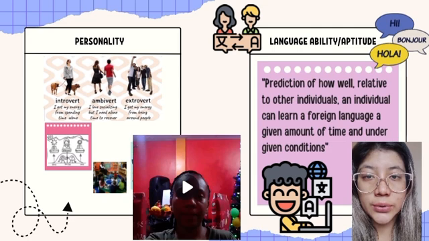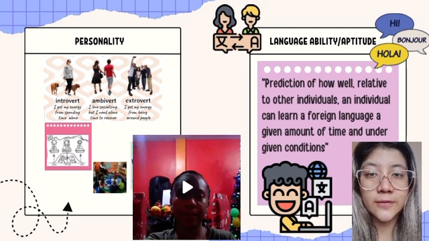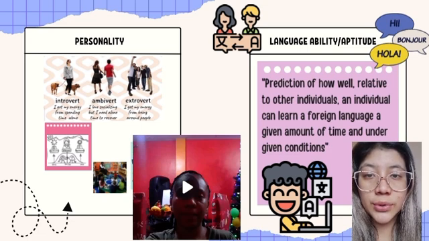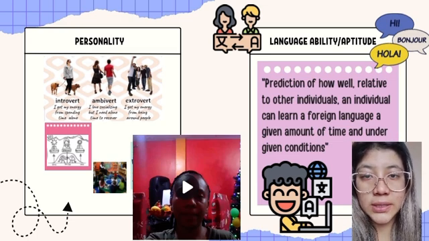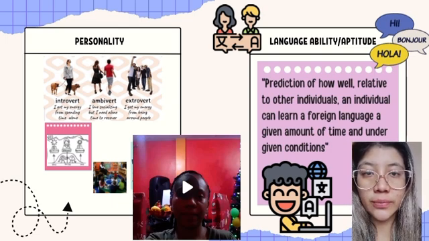Four skills are used, which are phonetic coding ability, grammatical sensitivity, rote learning ability, and inductive learning ability. This potential is often evaluated using formal aptitude tests, which predict the degree of success the students will have with a new language. Aptitude tests vary, but many include evaluation of the ability to manage sounds, grammatical structures, inferring rules, and memory.